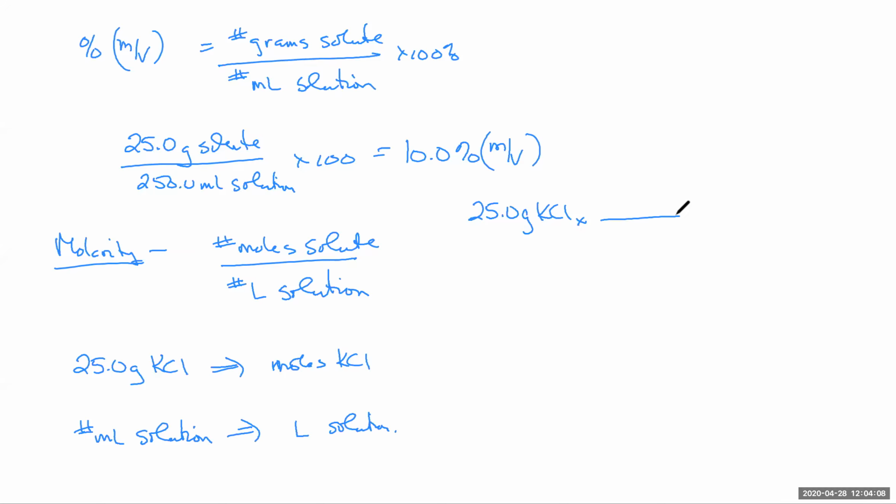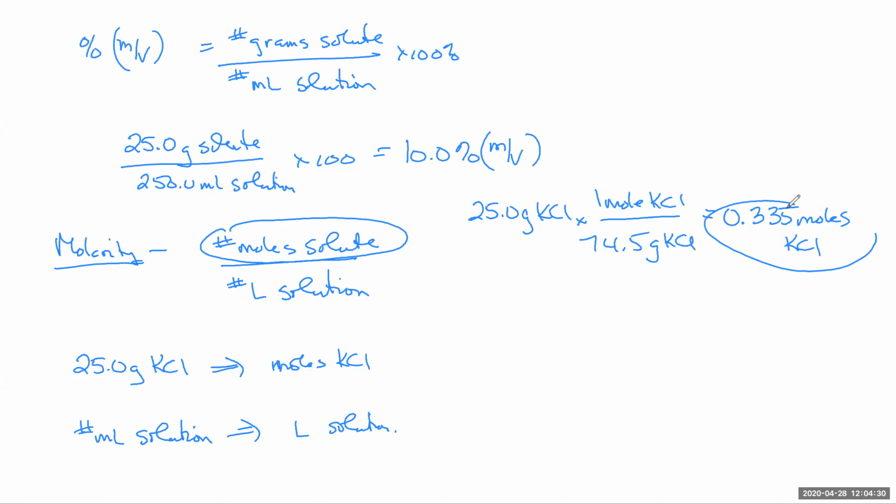I only wrote down my total. I didn't write down the individual ones. I know that 1 mole of KCl is 74.5 grams of KCl. If I calculate that out, I'm going to get 0.335 moles of KCl. I need that for right here. Here's my moles of KCl.